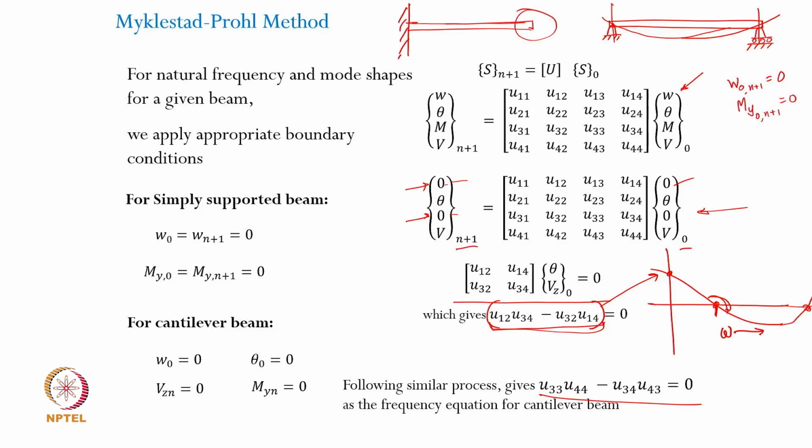Now what if you have a beam? You remember that we had a cantilever beam with a shroud, a turbine blade with a shroud here. Shroud in the sense there is a bigger mass at the tip, and those are there for specific purposes.